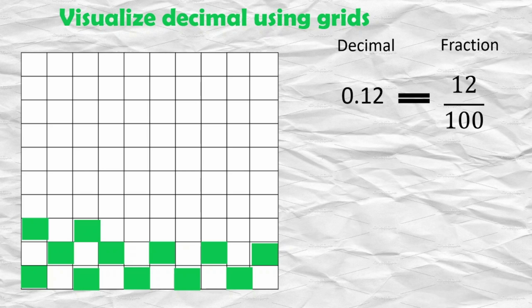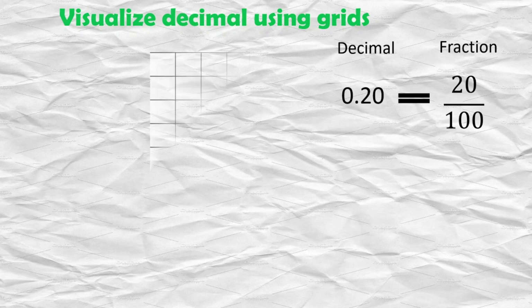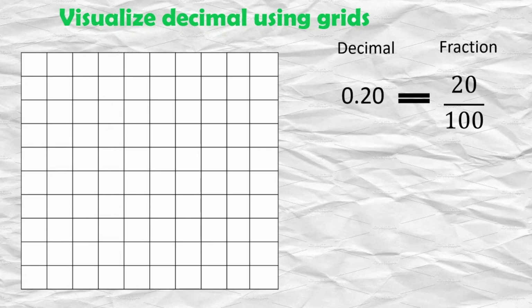Very simple. Another example. Let's say we have 0.20. Now let us write it in the form of a fraction. So 0.20 is in hundredths. So we have 20 over 100. So again, let us use a grids. Again, we have 100 squares in a grids.